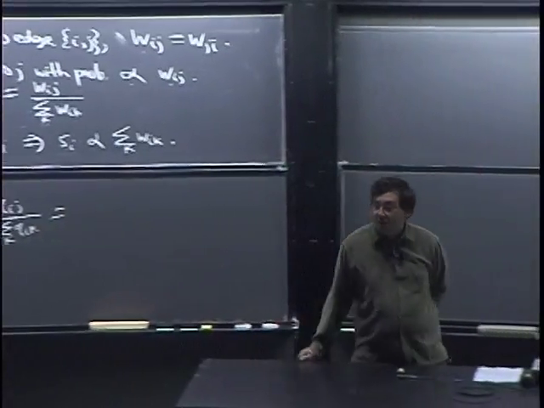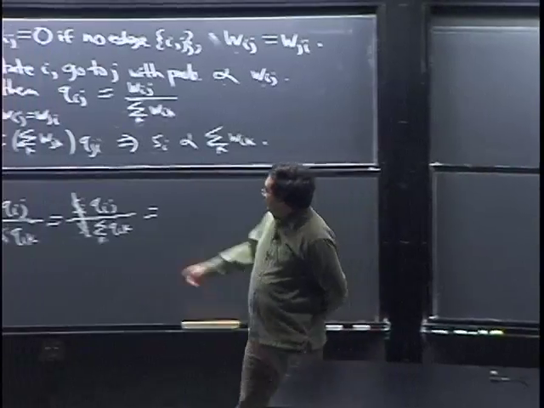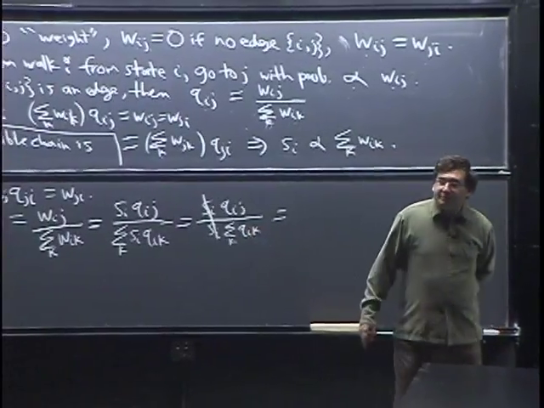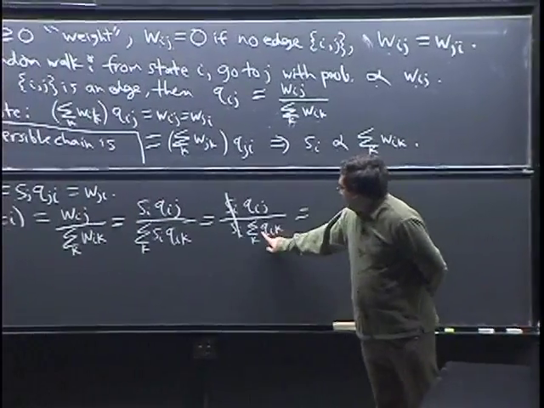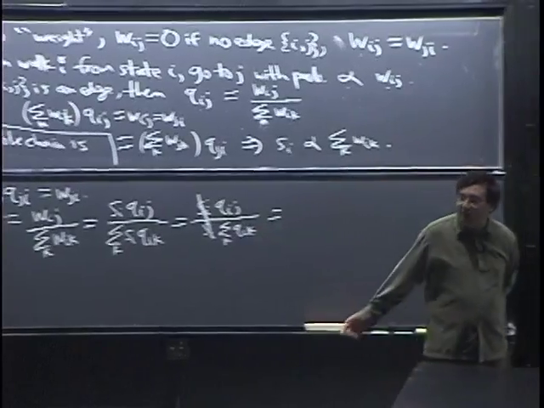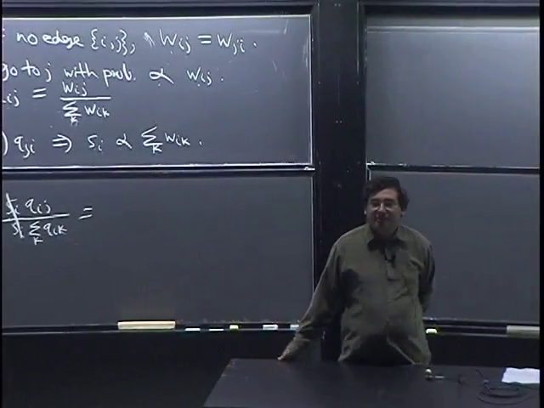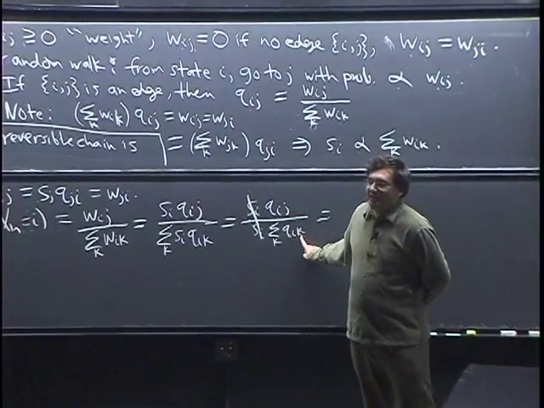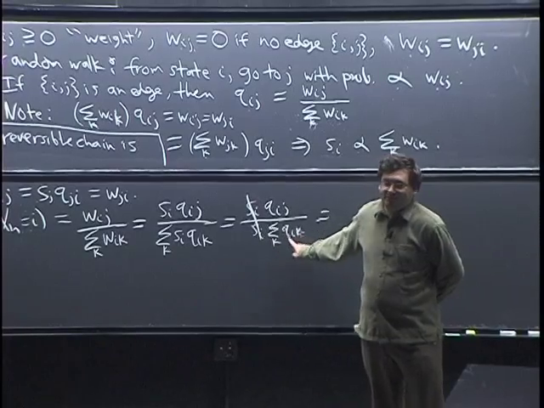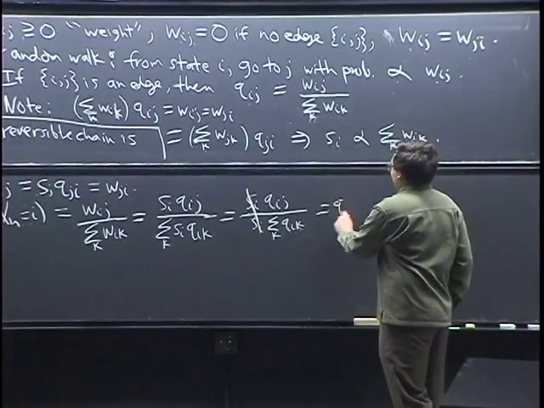All right, well, what's the sum of Qik? It's 1. Why is that 1? Because it's a Markov chain, so you have to go from i to somewhere. So that's 1. So that's just Qij.